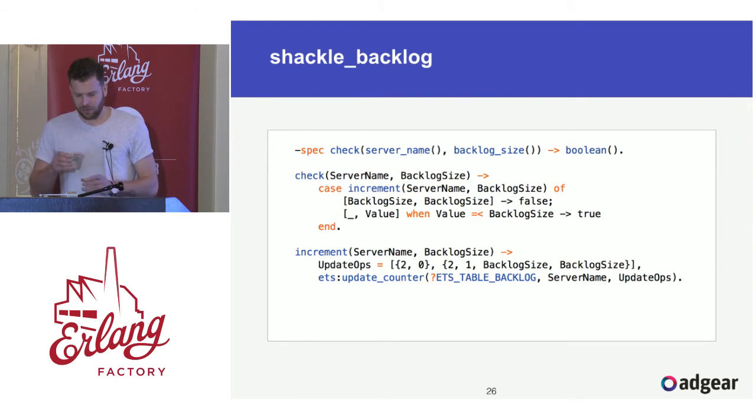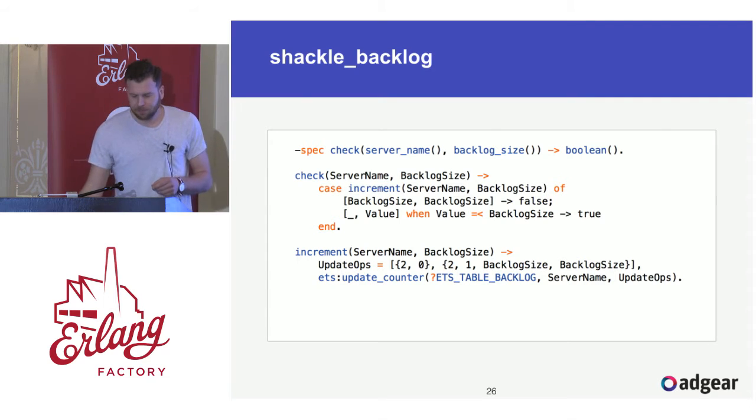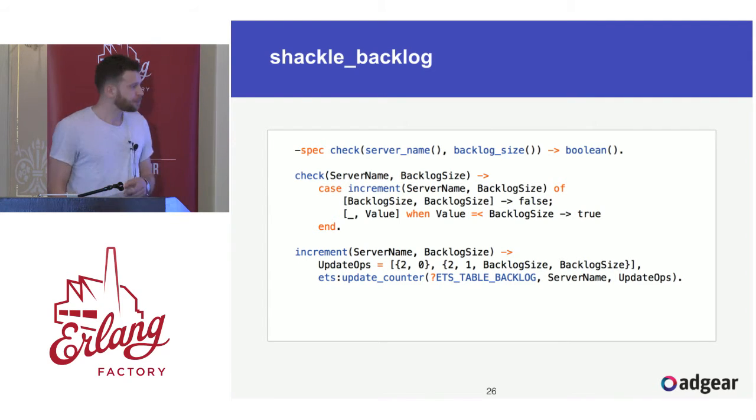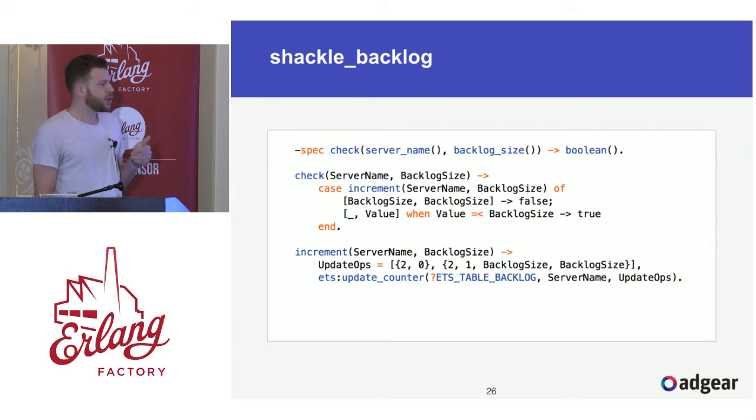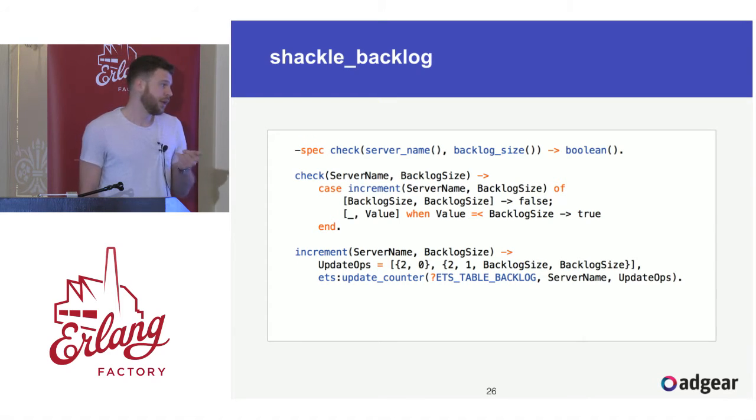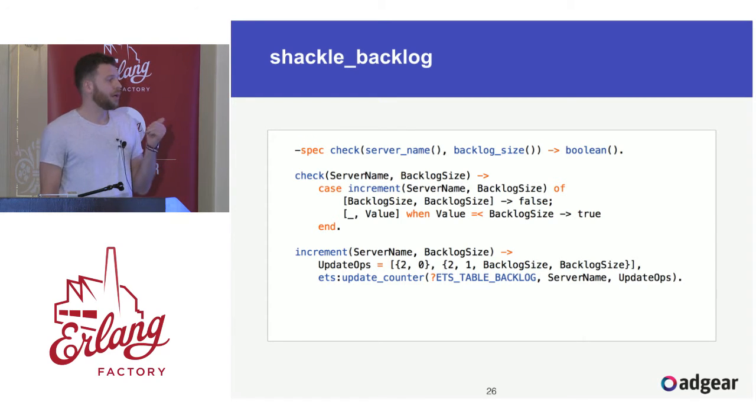This is to show how the backlog is implemented. We're using a trick here. Basically, we're doing the update ops at the bottom, and we're doing two operations. The first one, we're incrementing the counter by 0, and then incrementing the counter by 1.